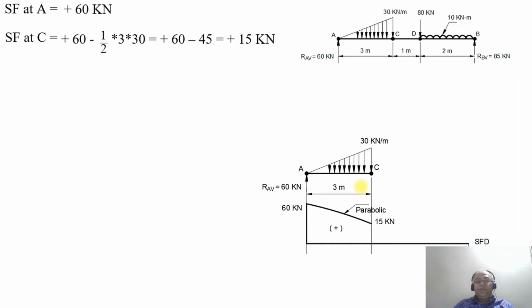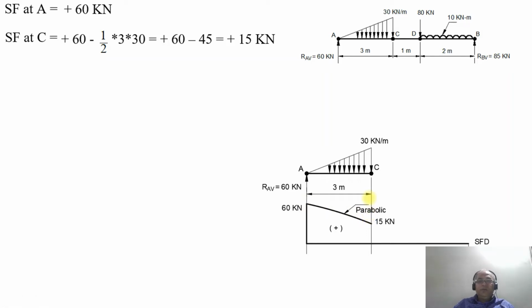So the SF at point A is 60 kilonewton and the SF at point C is 15 kilonewton. Since it is an area, the power of x is 2, and therefore you get a parabolic curve joining point A to point C.